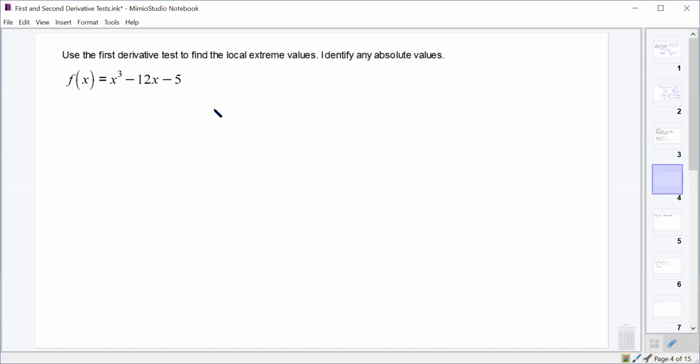So let's use the function x cubed minus 12x minus 5. And using the first derivative, we're going to find any local extreme values and determine if any of them are absolute extrema. So what's the first thing we'll need to do with this?